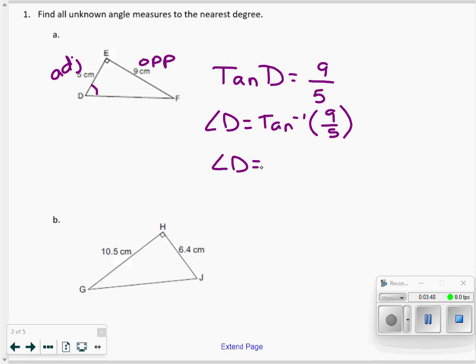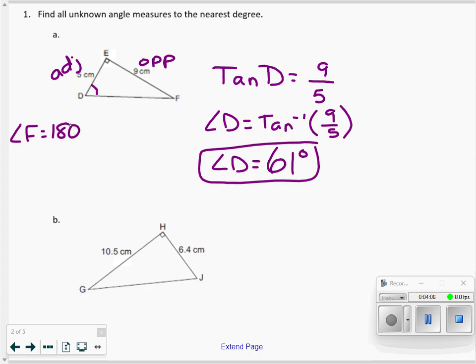Cool. I realized this was attached to that part of it. And then I could choose to do a different trig ratio, or to find angle F, I could just go 180, take away the 90-degree angle, take away the angle I found. If you wanted to do tan and then flip them, you can.